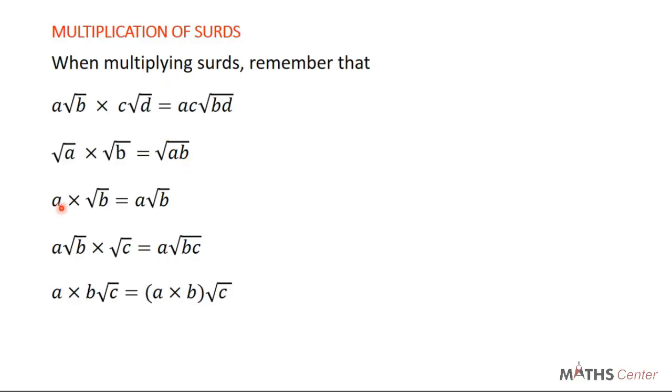If you have a multiplying square root of b, you have a root b. If you have a root b multiplying square root of c, you are going to have a root bc. Then if you have a multiplying b root c, you are going to have a times b square root of c. So let's pick some examples and see how we can apply these properties when solving the question.